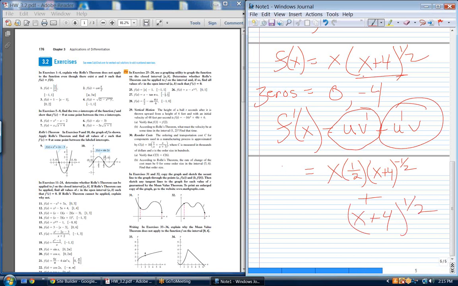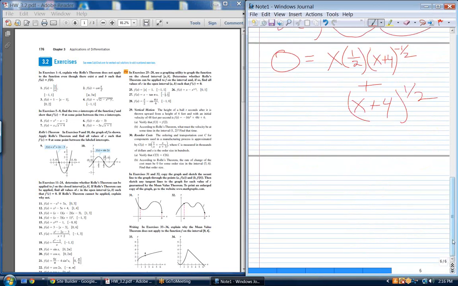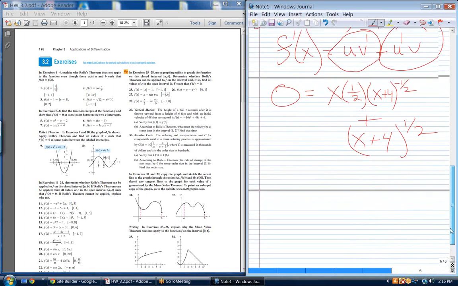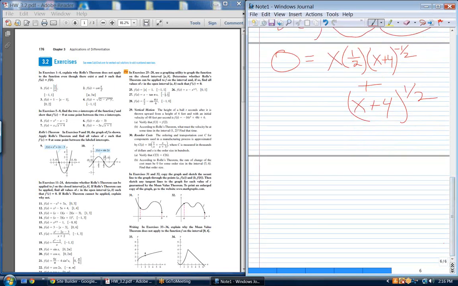Now, our job is to see if there's any place where that's equal to 0. Well, let's write this now in radical format. We have 1/2 x all over the square root of x plus 4, plus the square root of x plus 4.